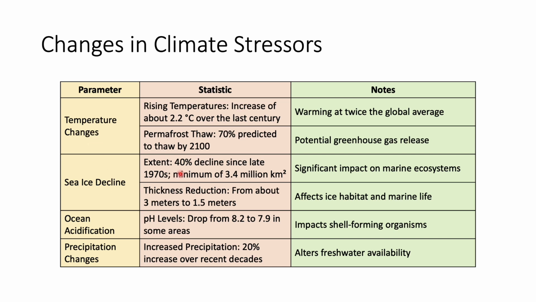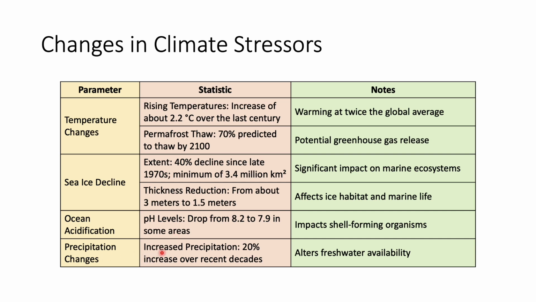The sea ice has declined by around 40% in the Arctic region since the 1970s, and the thickness has also reduced from about 3 meters to 1.5 meters. And ocean acidification, we had earlier seen the pH had dropped from 8.2 to 7.9 in some of the areas, but overall the drop is from 8.2 to 8.1.